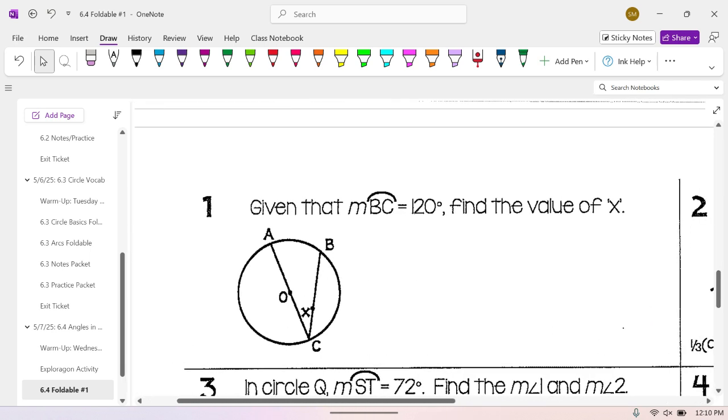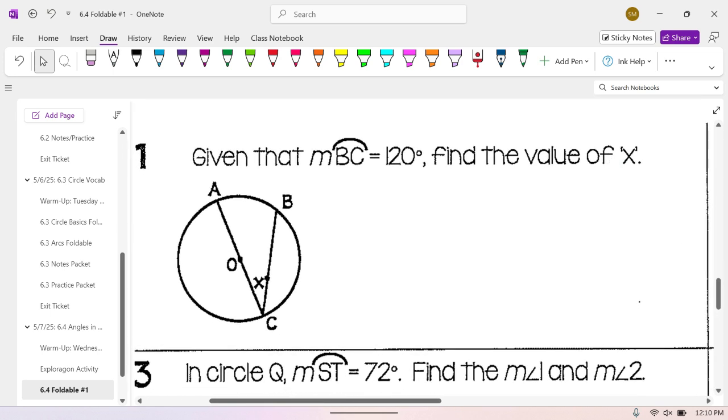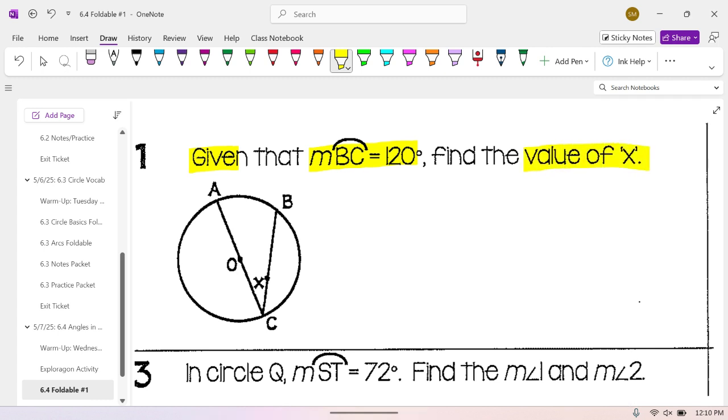So on the inside of your foldable, look at example 1. Given that the measure of arc BC is equal to 120 degrees, we want to find the value of x. Now, where would arc BC be?